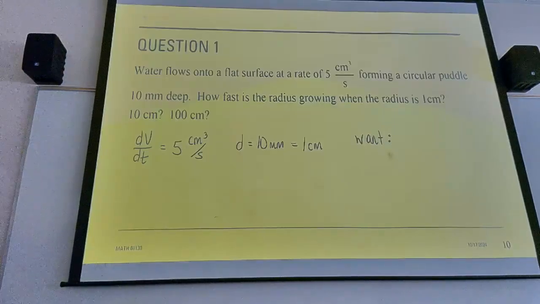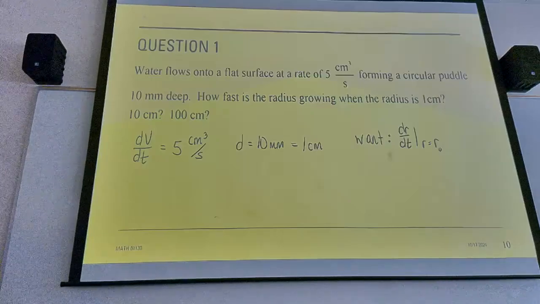Radius. More specifically, at some radius value. There's three of them. First, I'm going to write it as a function of some arbitrary r naught, and then we'll go from there.